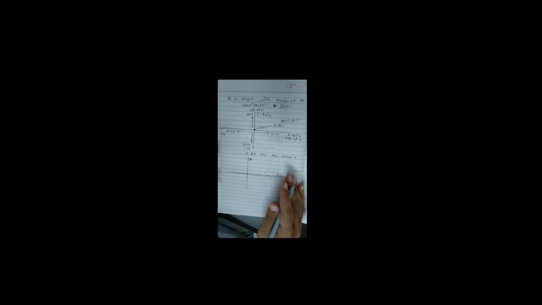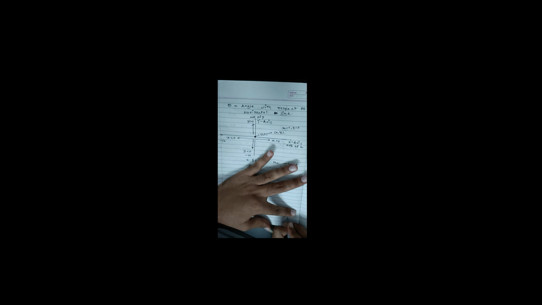So we know theta is the angle with respect to the horizontal line. If this is my horizontal line and this is my starting point, and I draw a line over this horizontal line, then theta is equal to 0.